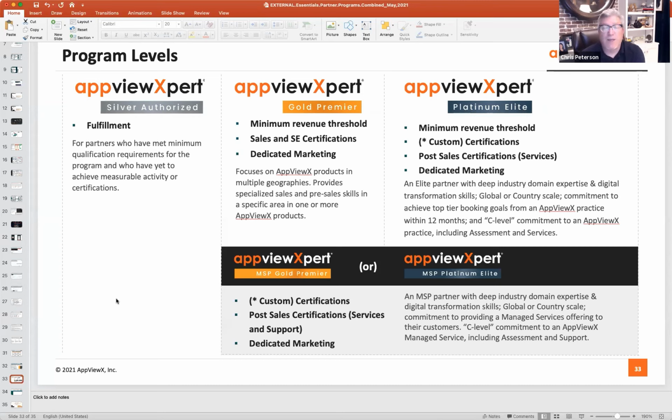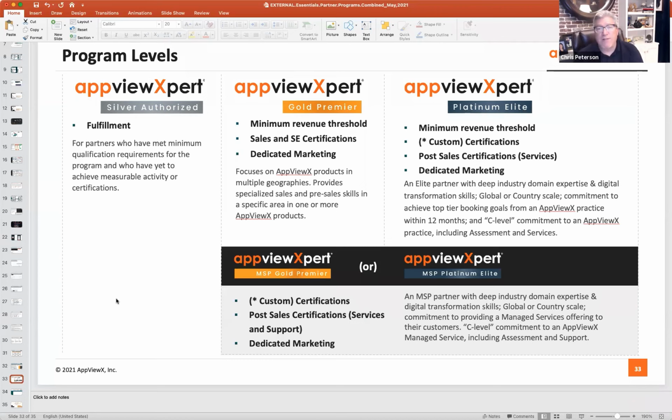Then SE certifications. As you get an SE qualified to do three things: demo the product, use our smart discovery tool, which will be available at the end of June, and also be able to run a POC, that gets you into that gold level. Much greater discounts, much bigger rewards.